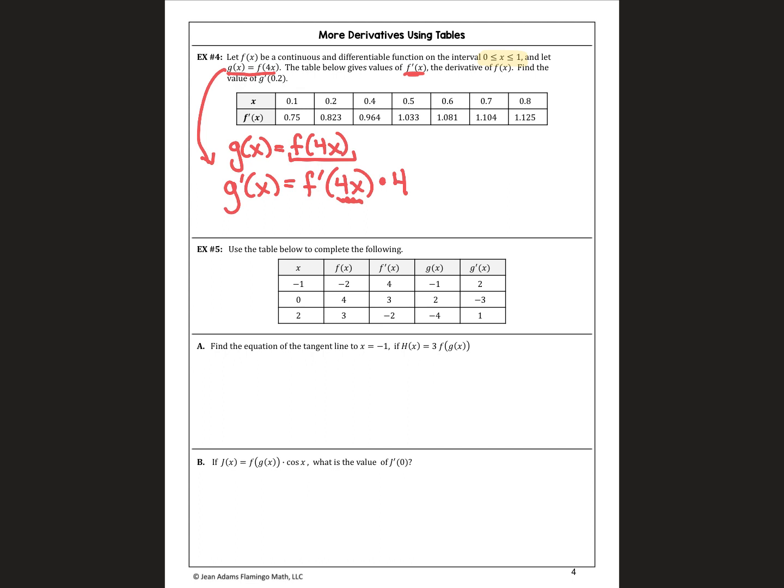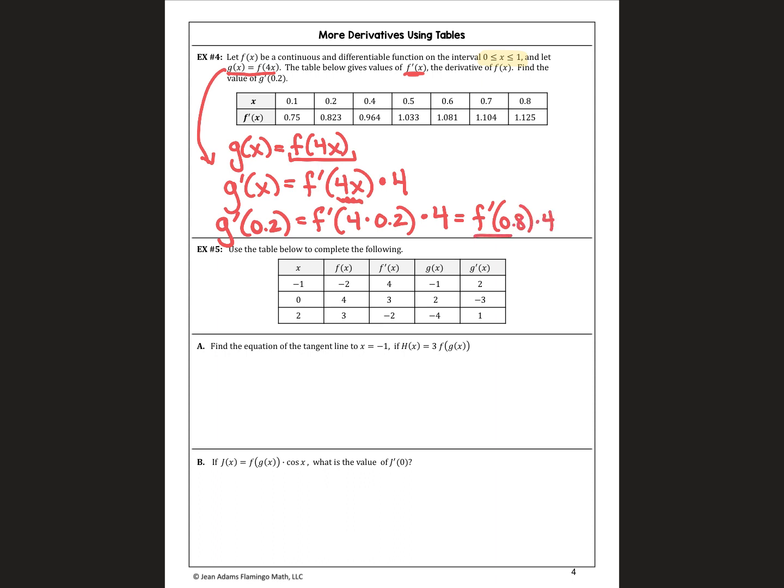And if we want to know g prime of 0.2, that's f prime of 4 times 0.2 times 4, or f prime of 0.8 times 4.